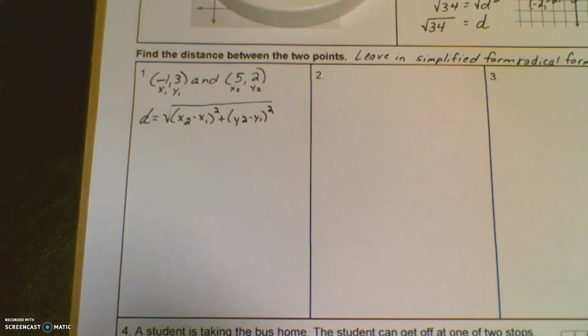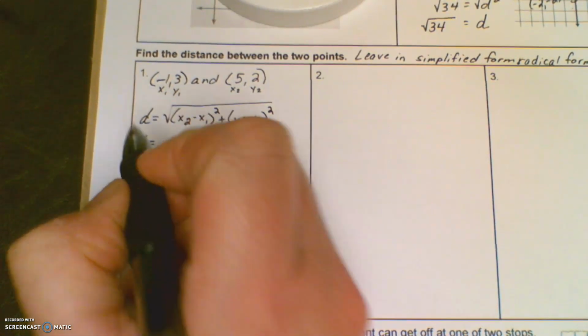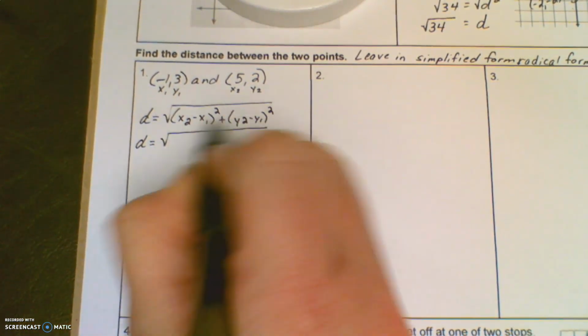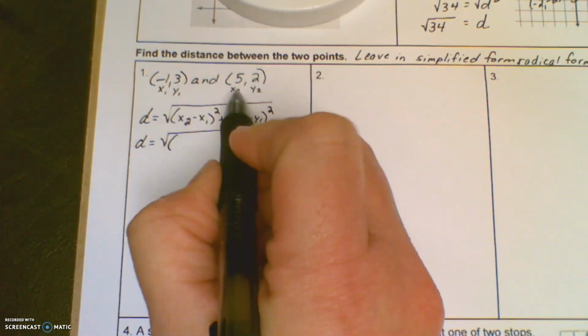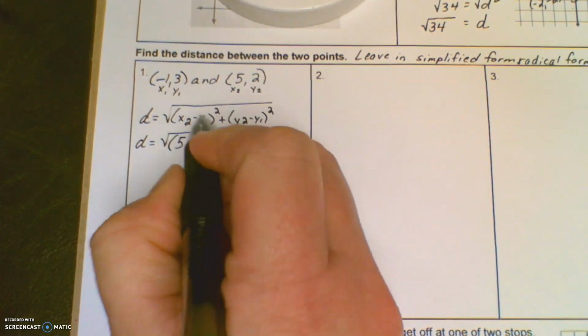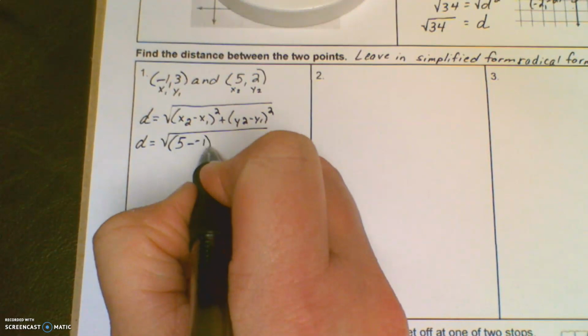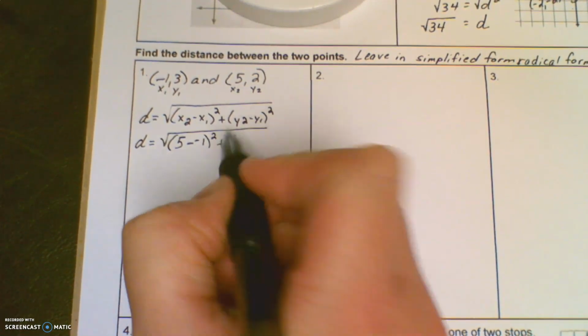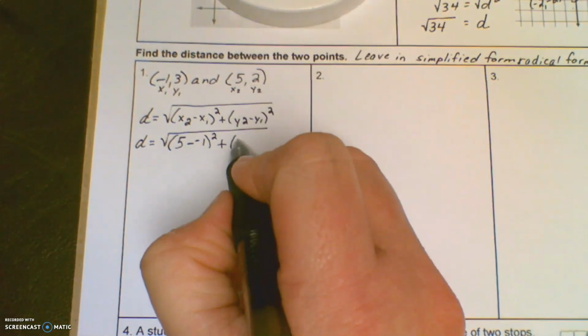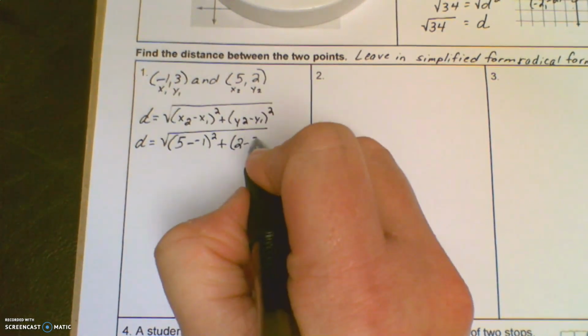And plug in the values now. So sub these in. X sub 2 would be 5 minus x sub 1, -1, squared, plus y sub 2 would be 2 minus y sub 1, which is 3.